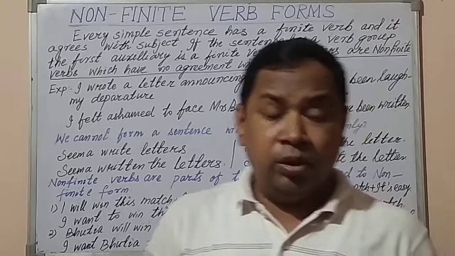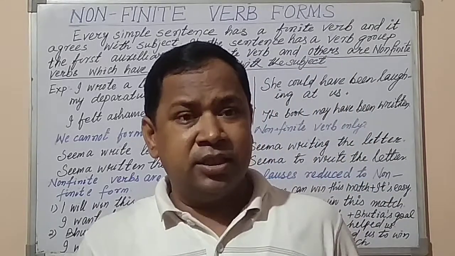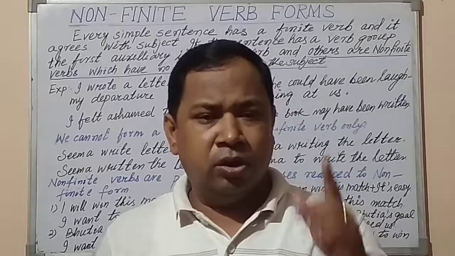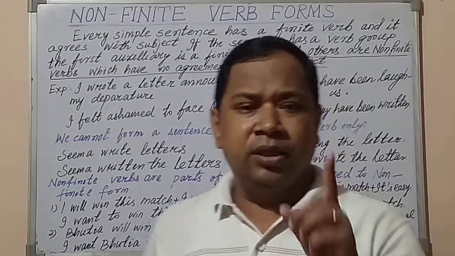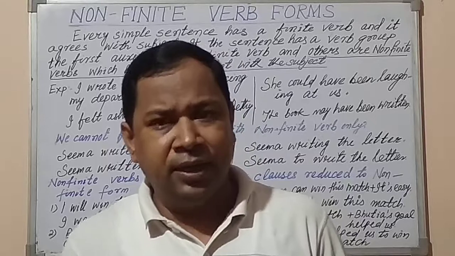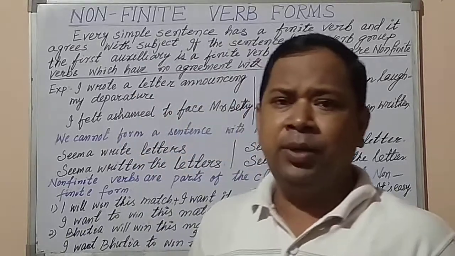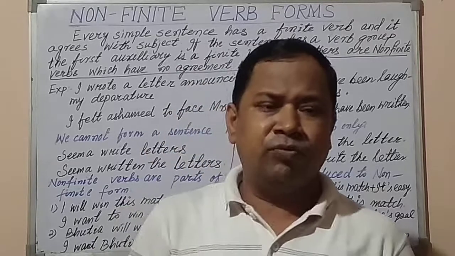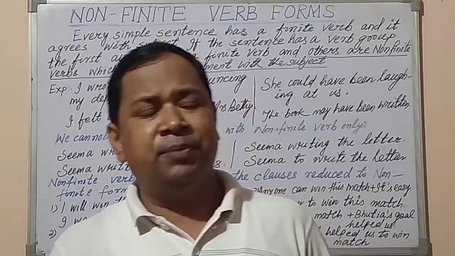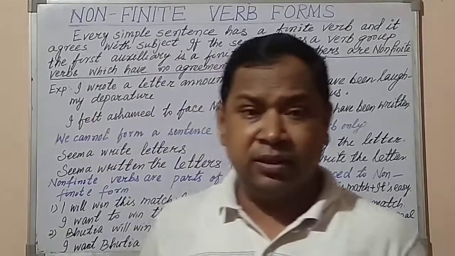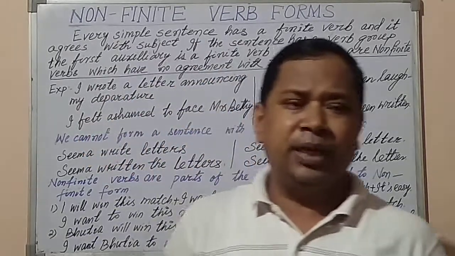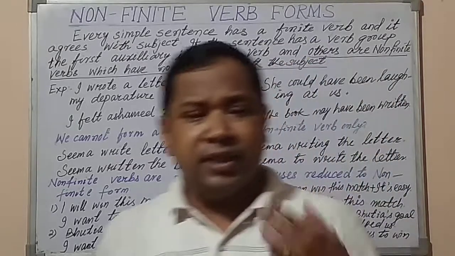So when there is a group of verbs, the first auxiliary is known as the finite verb. Why is it a finite verb? Because it can be changed from present tense to past tense or past tense to present tense. That means a finite verb can be changed in a sentence.